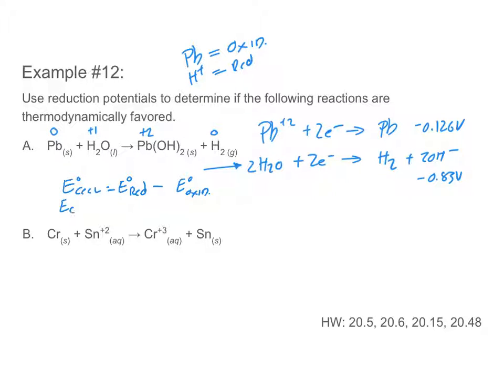So I'm going to take my negative 0.83 minus my negative 0.126, and that's going to give me my cell potential to be negative 0.704 volts. So this is a not thermodynamically favored reaction.